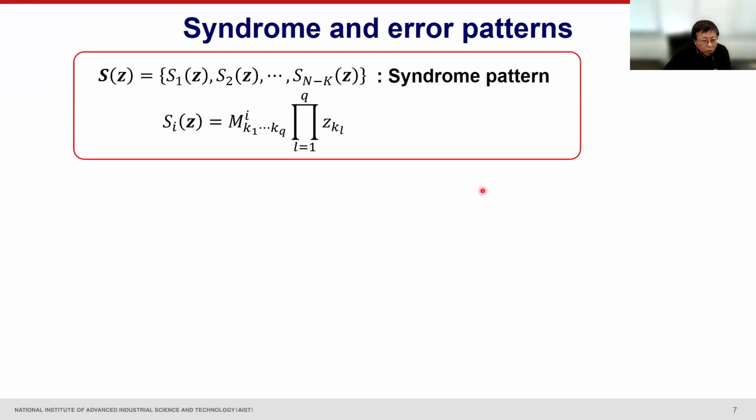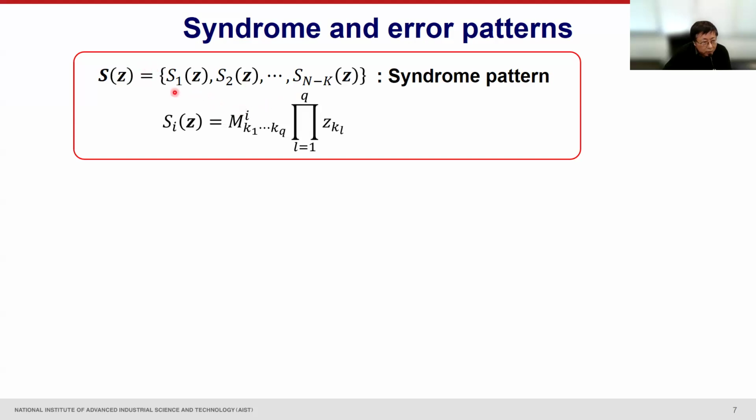A set of variables s_i(z) is called syndrome in the theory of error correcting codes. We call this set, large S, for arbitrary physical spin state Z, a syndrome pattern.